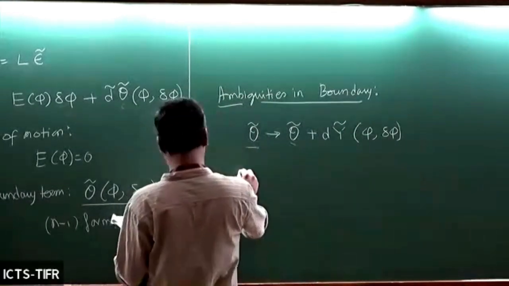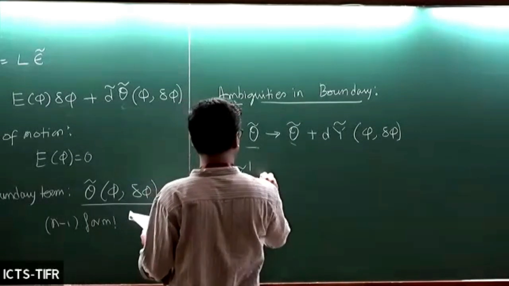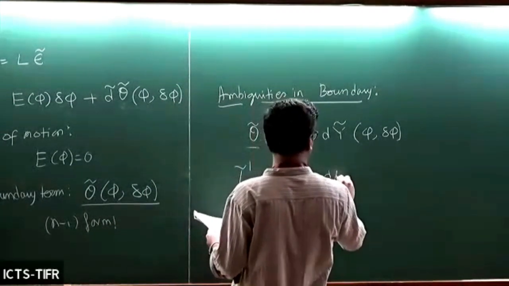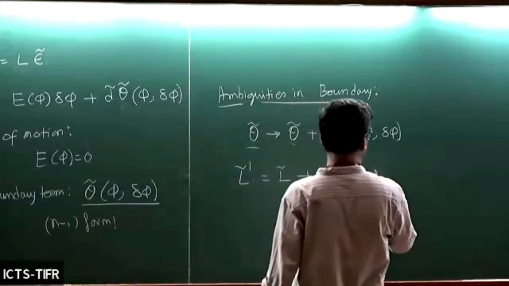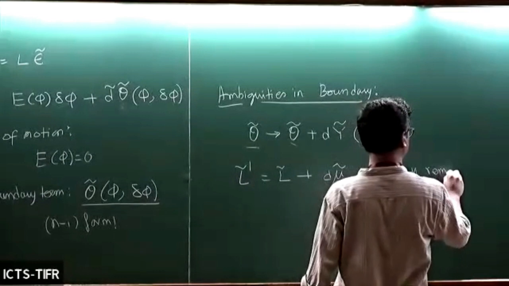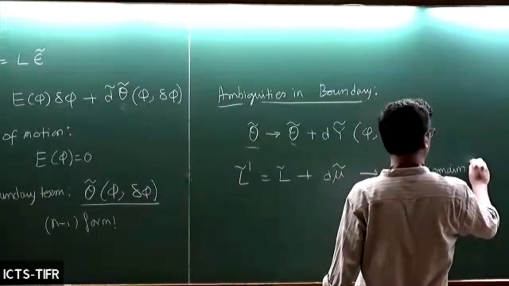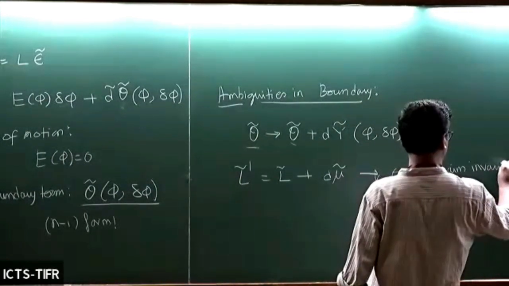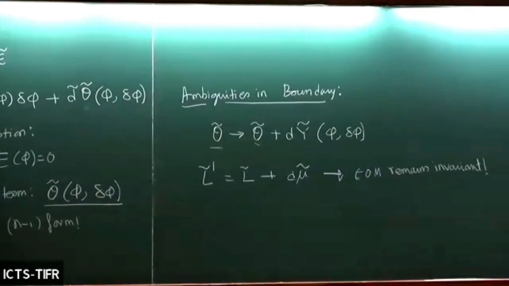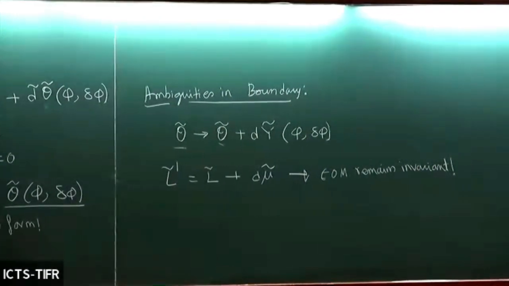So for example, I can take L tilde equal to L plus d mu, and the equation of motion remains invariant. This we all know, okay? But in that case, what will happen to theta?